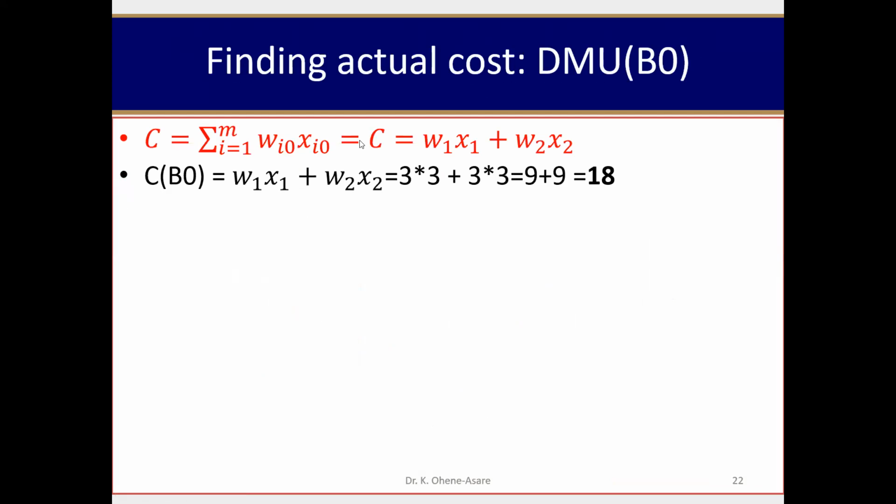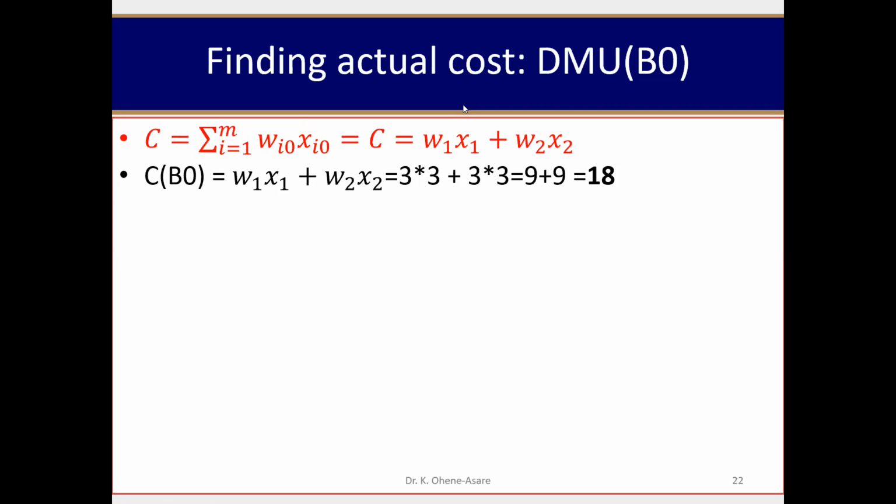Edwin, what is your value? 24. 24. Joyce, what is your actual cost for C? Joyce, what is your actual cost you had for C? And type into the chat because your voice is not good.